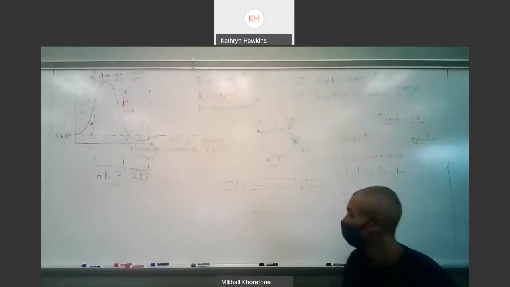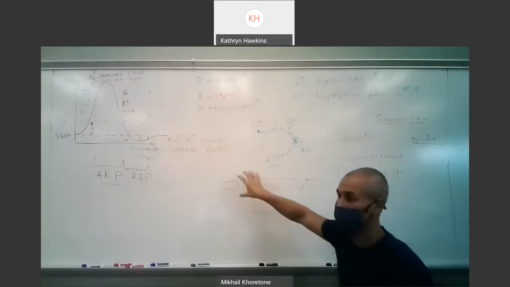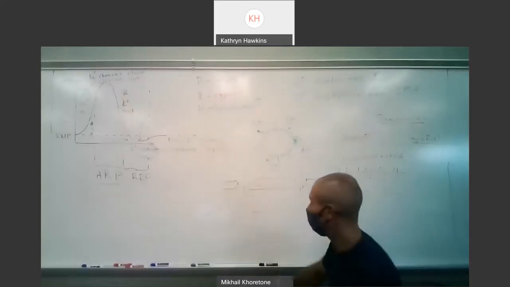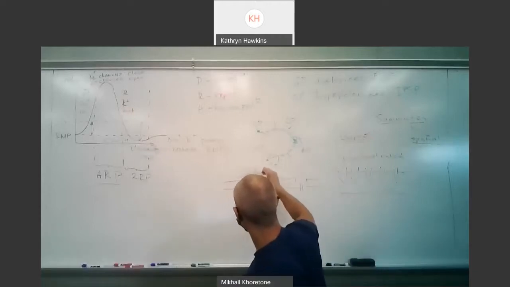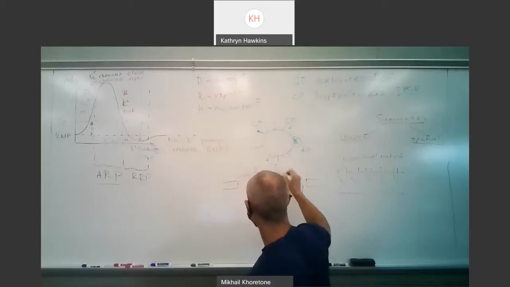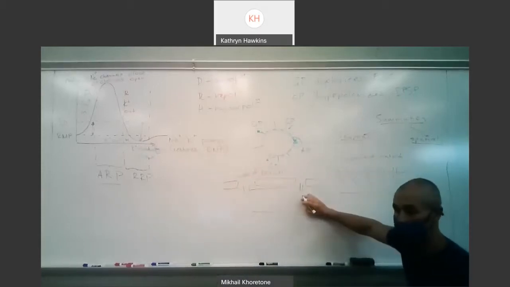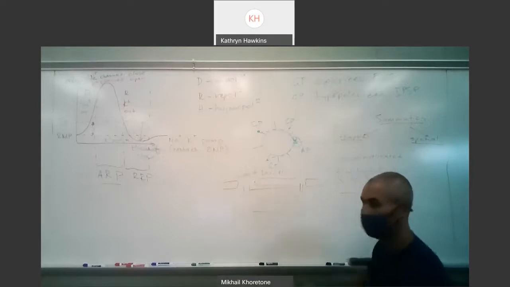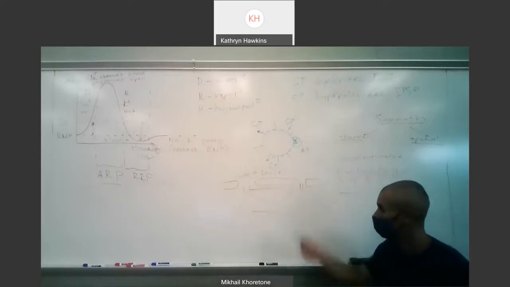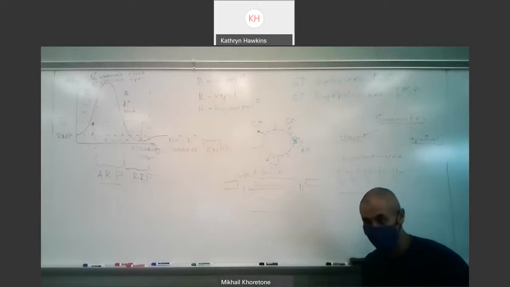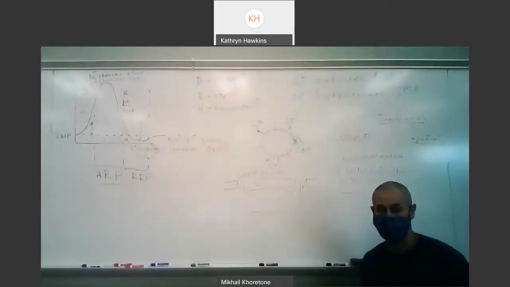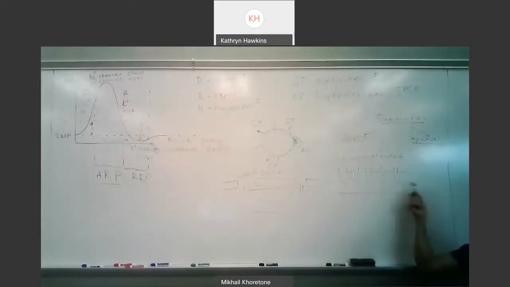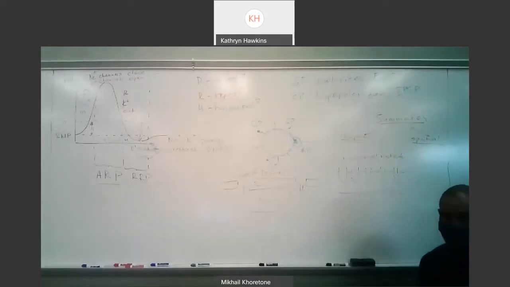Got it? So in this case, the action potential jumps from one node of Ranvier to another. It's called saltatory conduction. So in myelinated neurons, conduction is saltatory, from node to node. Does that make sense? In non-myelinated, it's basically continuous conduction.